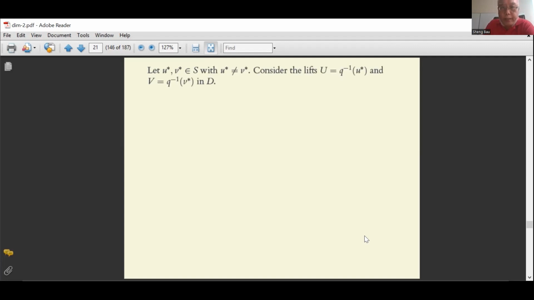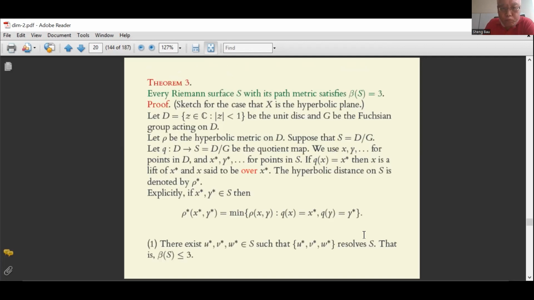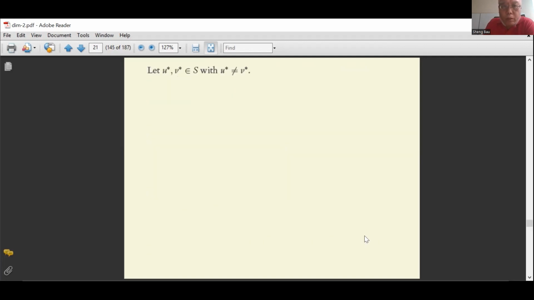So let us take any 2 points U star, V star on the Riemann surface S, which are distinct. Then consider the lift. The lift is the pre-image, the inverse image under the quotient mapping. Denote the inverse image of U star by U and that of V star by V. These are subsets of D, and we know that these are finite subsets.